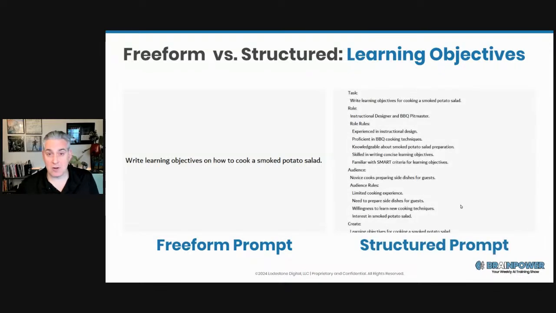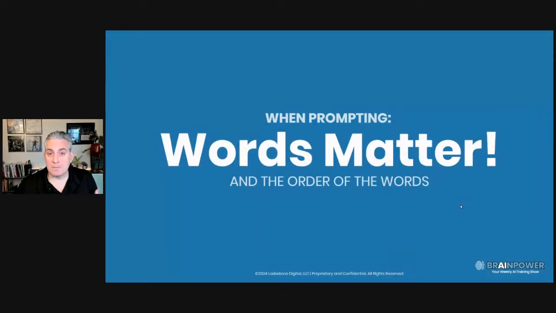Now, a structured prompt is where we are definitely more strategic in the way that we use words and the way that those words are structured in the prompt itself. The one thing that is really essential to remember is that words matter.